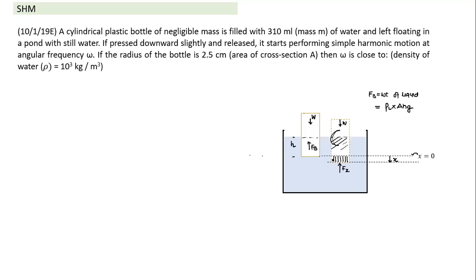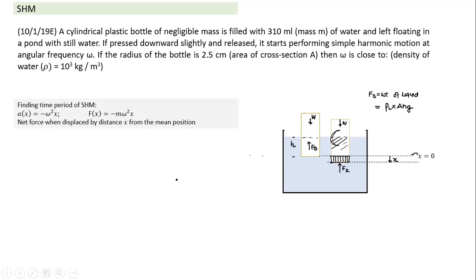So what is the net force acting? The net force is equal to the weight of the extra volume of liquid displaced. So Fx is equal to the weight of the extra volume of liquid displaced.